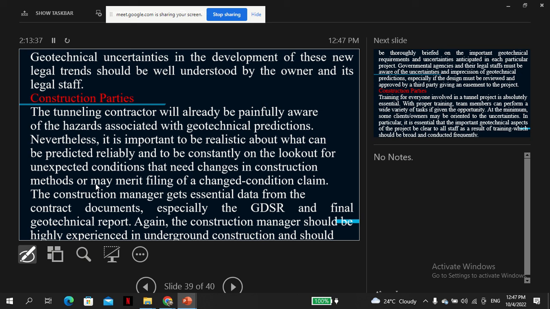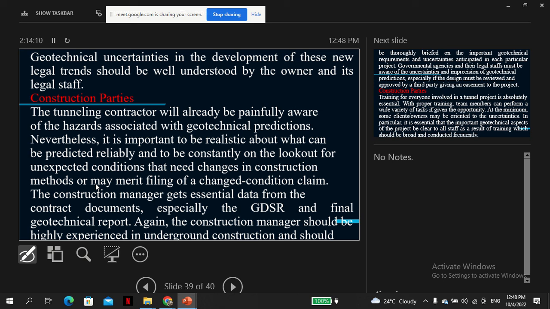The construction manager gets essential data from the contract documents. So all these things, this is why we are saying the owner needs to be aware, because once there was a contract price, he needs to know that if certain drastic conditions are encountered during the construction, then the contractor has a legal right based on FIDIC, the conditions of contract.